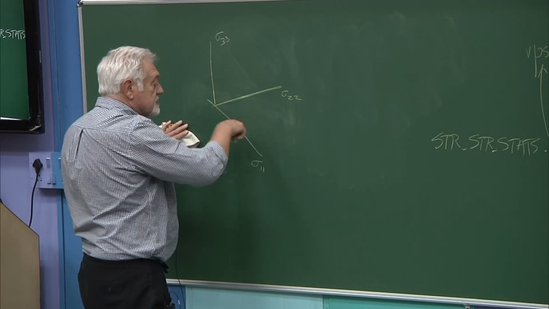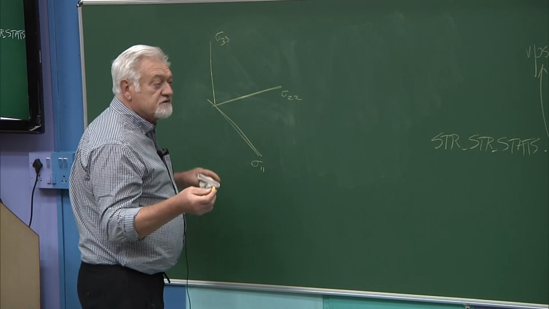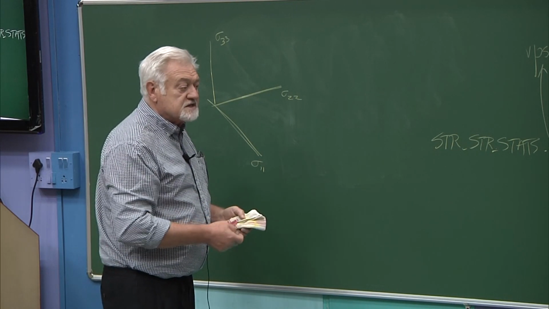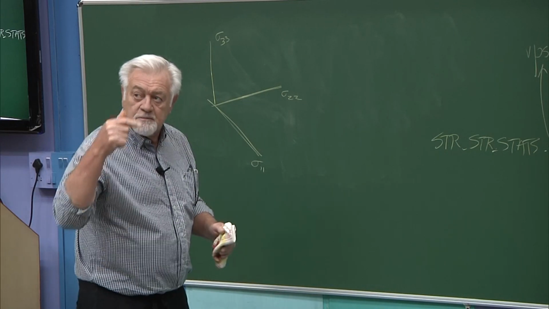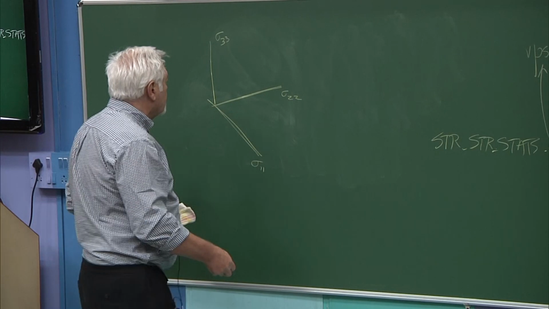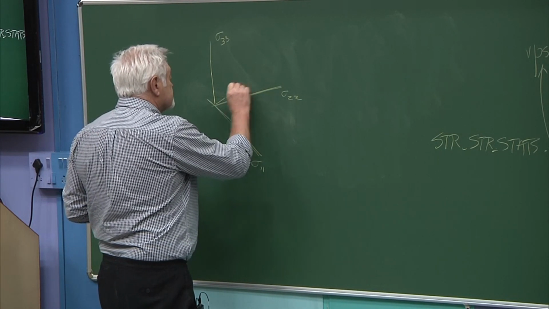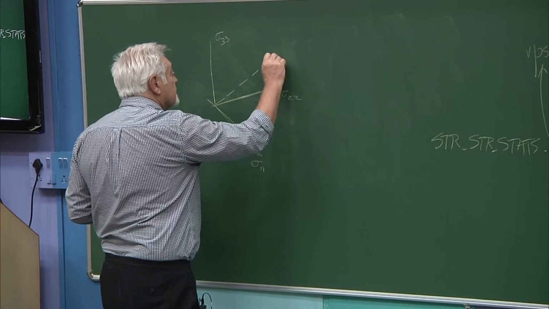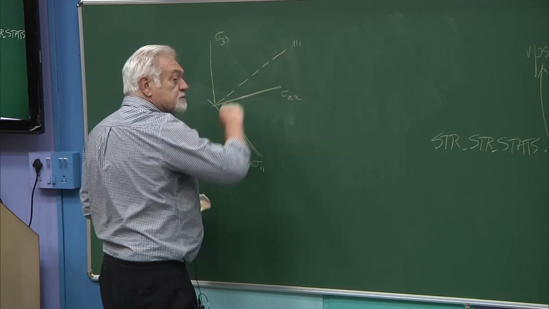Now, if this is a reference system, your yield surface is a surface such that every point in the yield surface will produce plastic deformation of the material. Just believe me that this line along the 111 direction corresponds to the pressure.